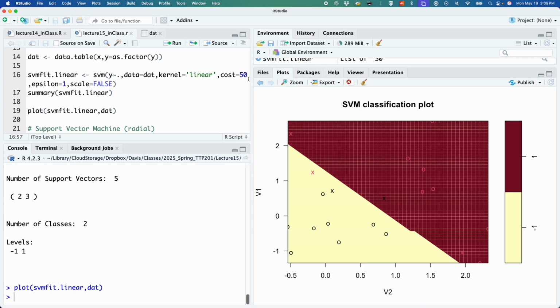So how do I know what's the right cost and epsilon parameter values to set? Yay, cross-validation. Anytime we have flexibility in our model, what we want to fall back to is being able to predict as accurately as possible, and leverage the flexibility to give us the best out-of-sample predictions that we can. There are procedures in which you can alter the parameters here.